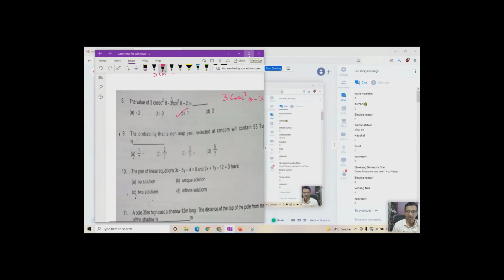What is the answer for question number 9? Yes, it is 1 upon 7. Yes, it is A. And those who want me to explain the solution for this, please write the question number.